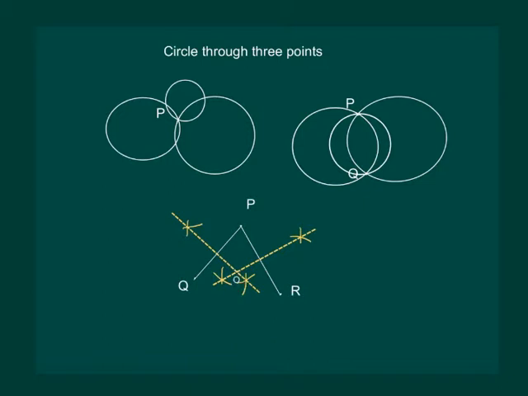Since O lies on the perpendicular bisector of PQ, OP is equal to OQ. Similarly, O also lies on the perpendicular bisector of PR, so OP is equal to OR.